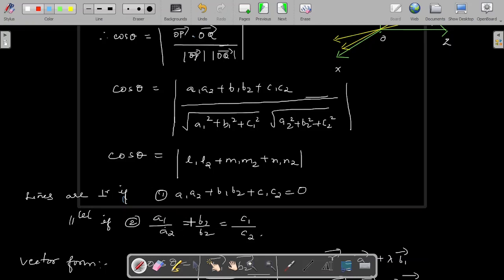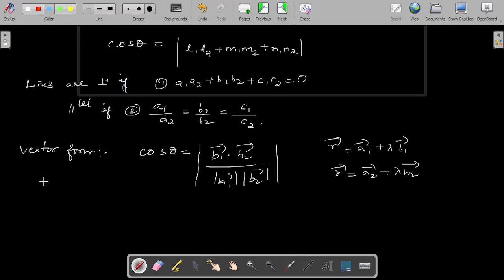a1 by a2 equal to b1 by b2 equal to c1 by c2, which all gives the constant value. Now, if you have the lines in vector form, that is r vector equal to a1 vector plus lambda into b1 vector, and r vector is equal to a2 vector plus mu into b2 vector, two lines given in vector form, then as these two lines are here, b1 is parallel to the first line and b2 vector is parallel to the second line.